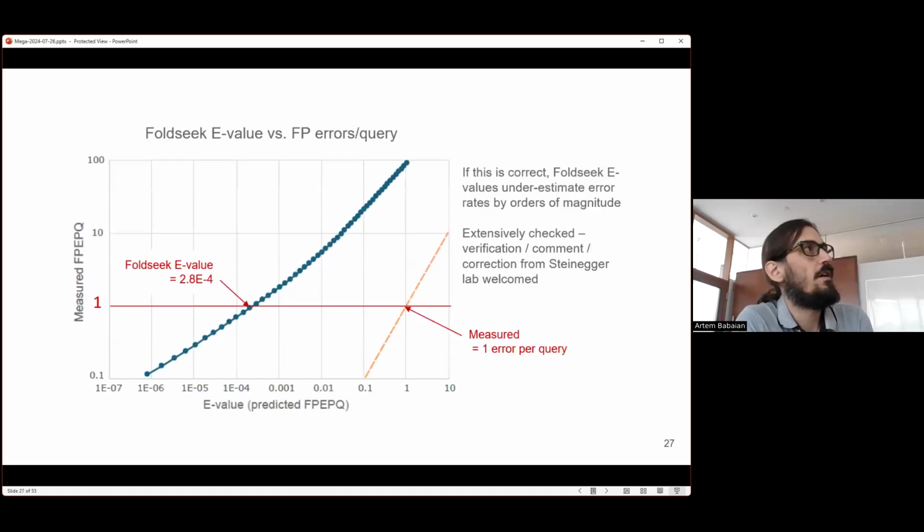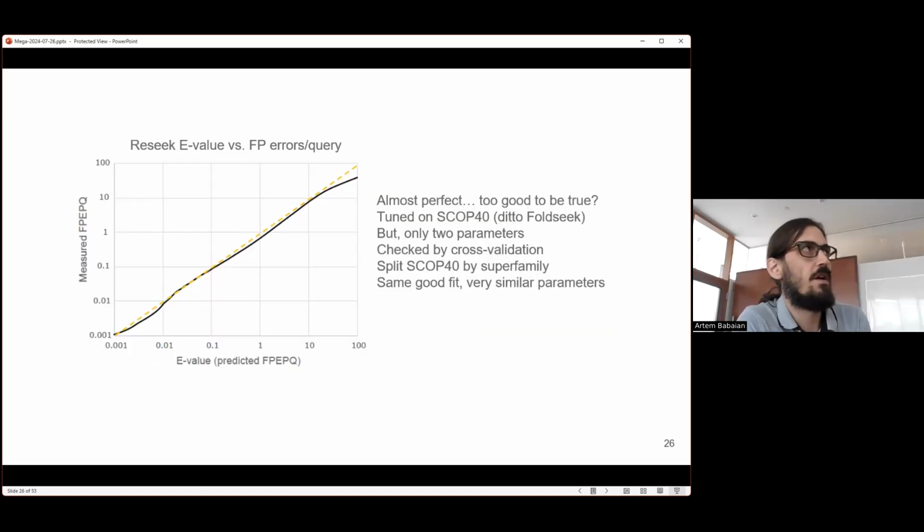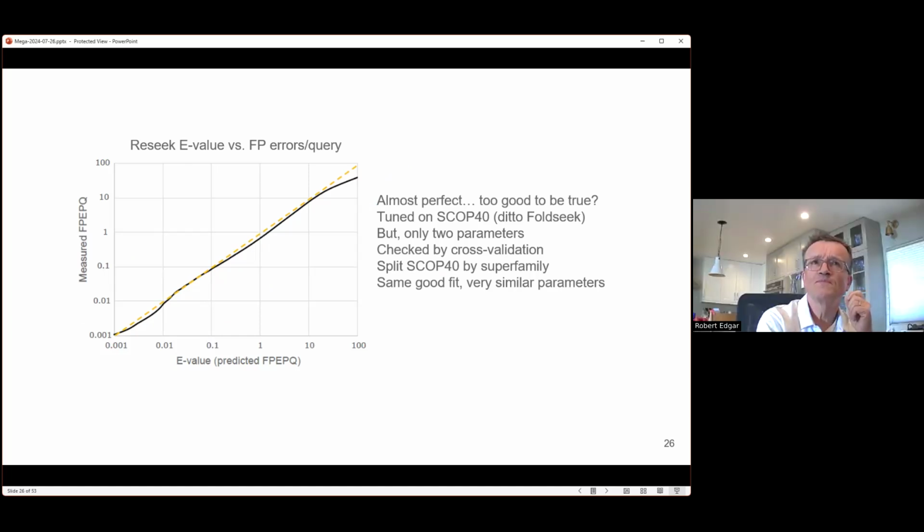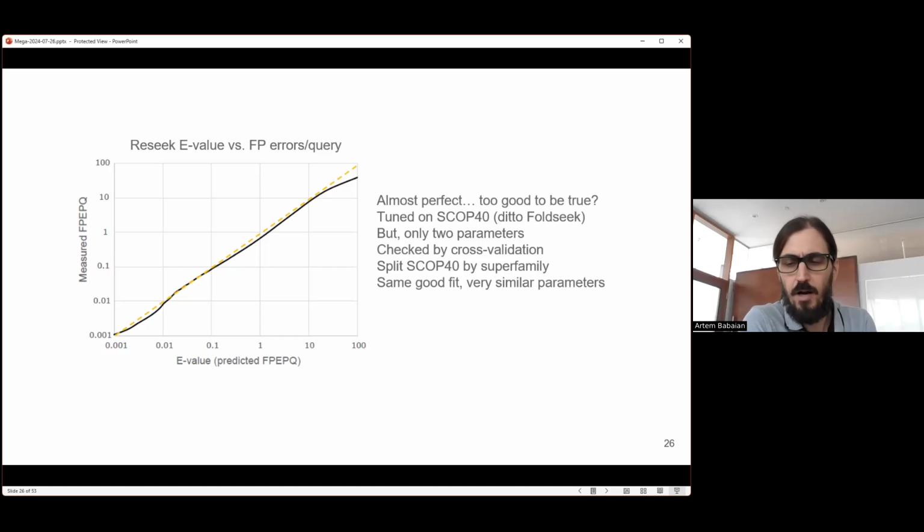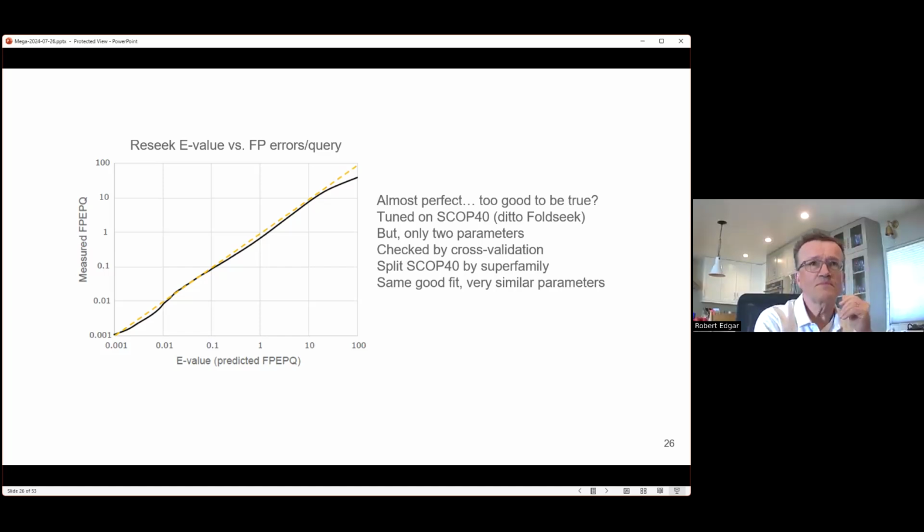Is there a similar test to the SCOP 40 test on the CATH database? Is there a similar test for what, sorry? The CATH, so there's SCOP and CATH, right? Yeah, so you could obviously do all this with CATH, but it's built using DALI.